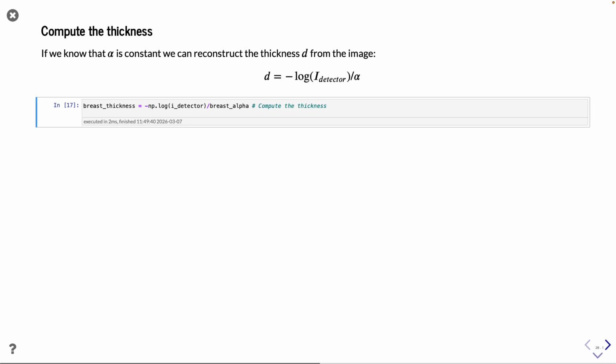And from this image, we can actually compute the local thickness. And then what we do is we compute the log of the normalized image and divide it by the attenuation coefficient, which we know in this case.